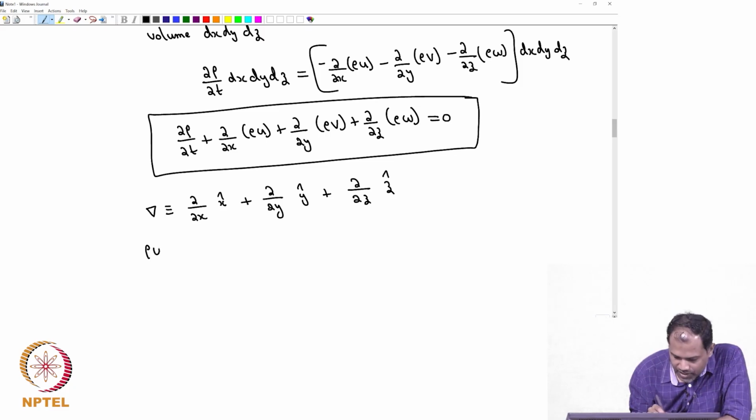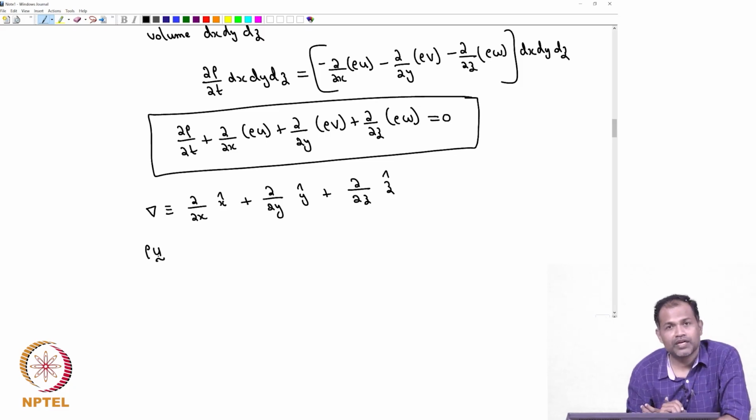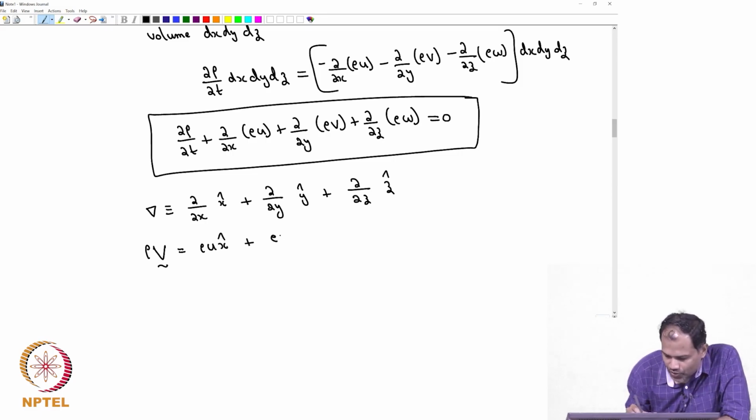The velocity that we have, which I will multiply with density now, so we have been using capital V, we will continue with that, rho V is rho u x cap plus rho v y cap plus rho w z cap.